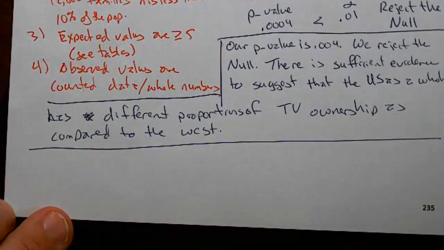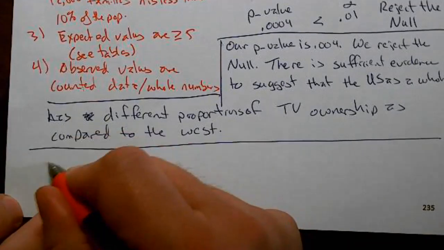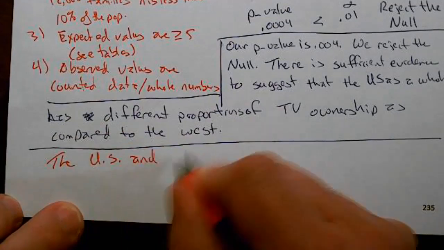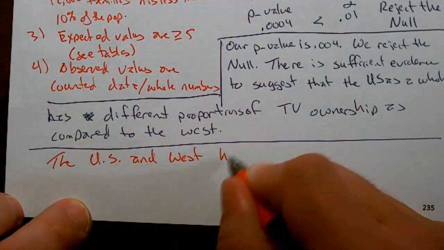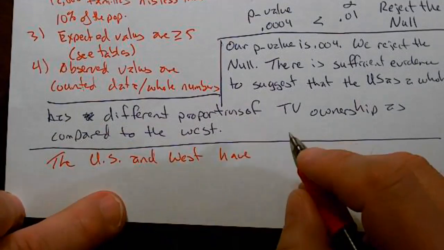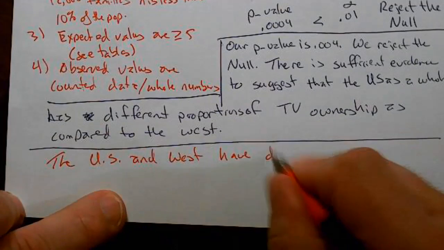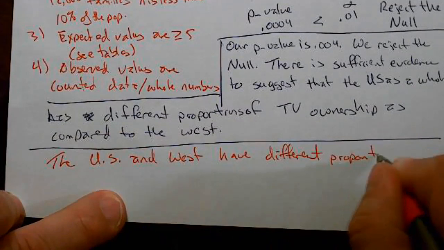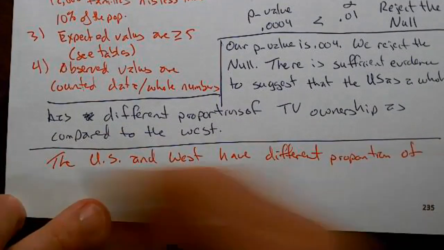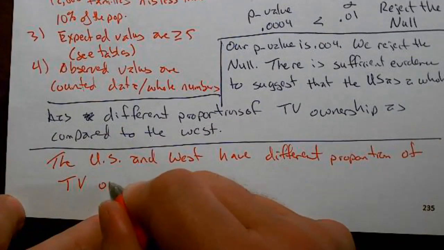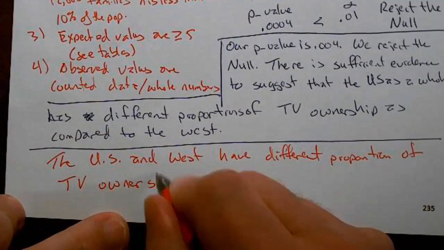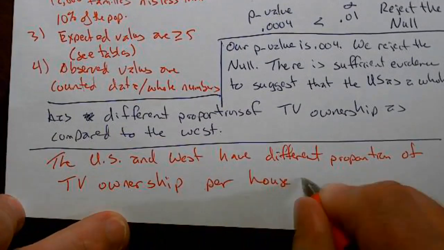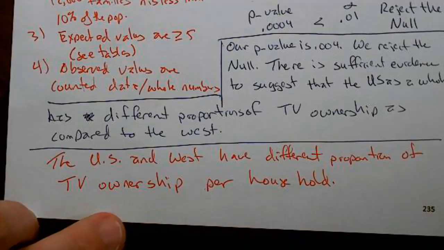Simplified: U.S. and West have different proportion of TV ownership per household.